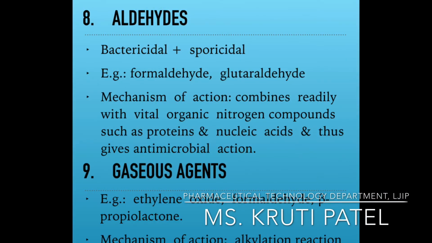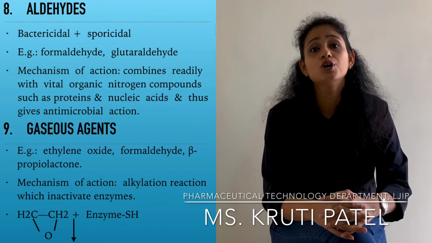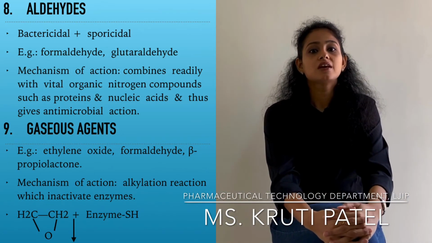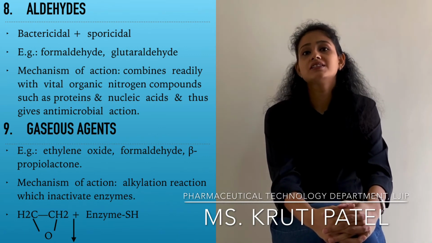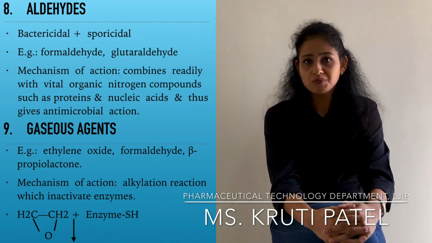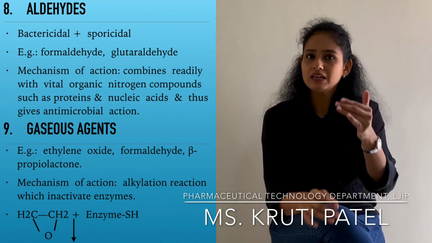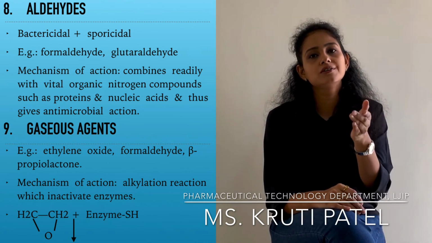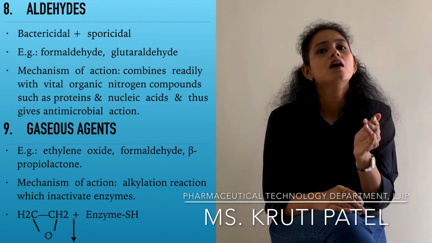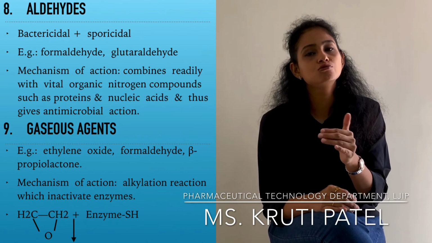The next class is aldehydes. Examples of aldehydes include formaldehyde, or you can say formalin. This formaldehyde is an excellent disinfecting agent. Formaldehyde is actually in gaseous state. When we make a 35 to 40% solution, then it is known as formalin.